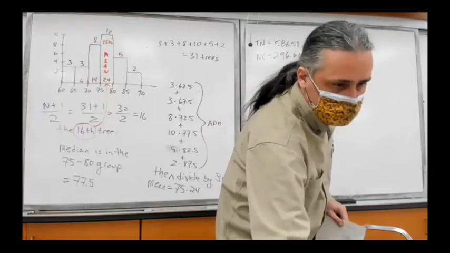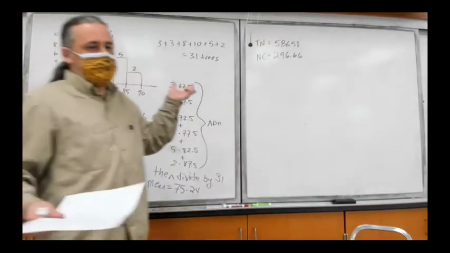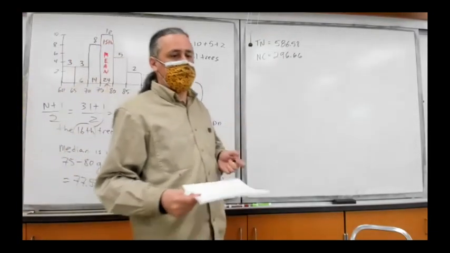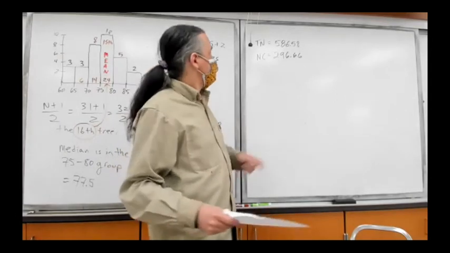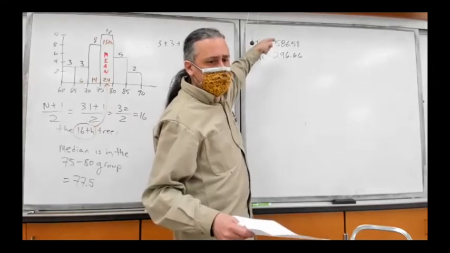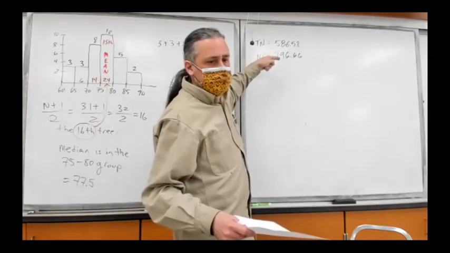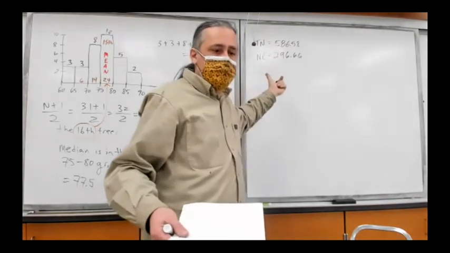So now, how are we going to organize our categories so we can make a bar graph? There's more sophisticated ways of doing that. We're not going to worry about that. We know we need to contain the most and the least of the numbers in that data set. And do we go by tens?